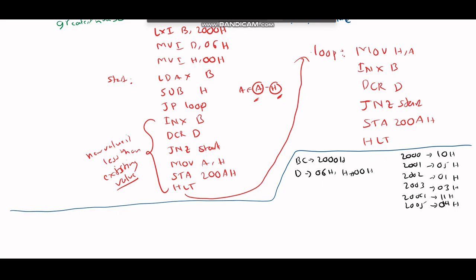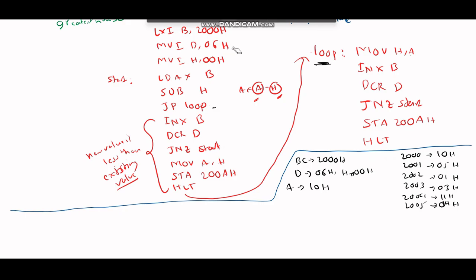Now at the very beginning we load the value of 2000 into our accumulator. So the accumulator gets the value 10H. We subtract 10 with 00. The result will be positive. So if the result is positive, the program is going to jump to this particular condition, and then we move the value from the accumulator to H. So H currently has 10.